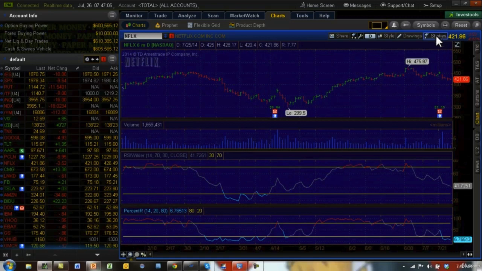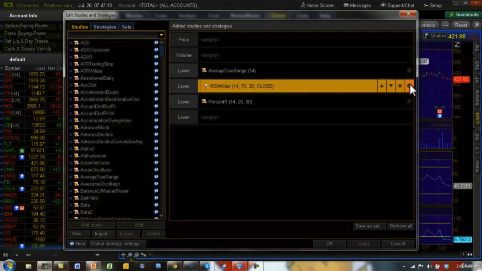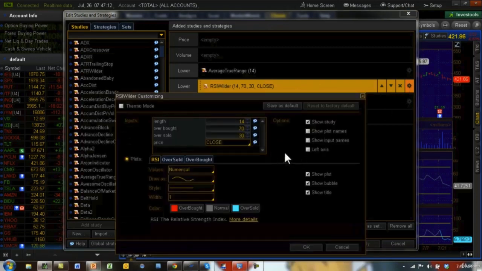So here on the Thinkorswim platform, if you edit your studies, you can see the RSI parameters. The RSI itself goes back, by default, 14 days to calculate the index. The overbought condition is 70, the oversold condition is 30.